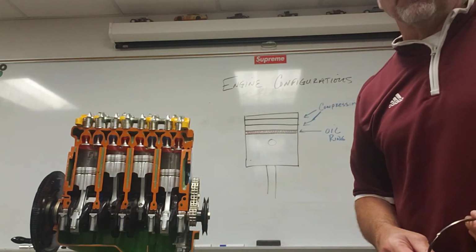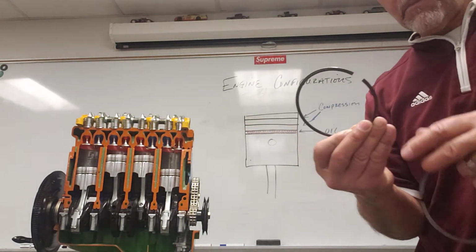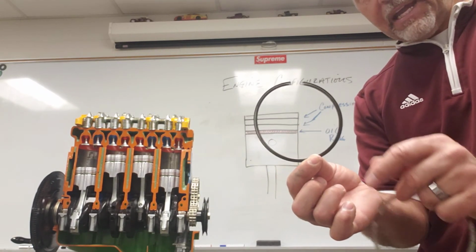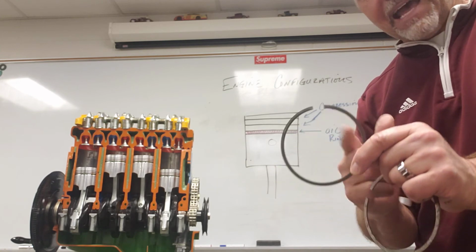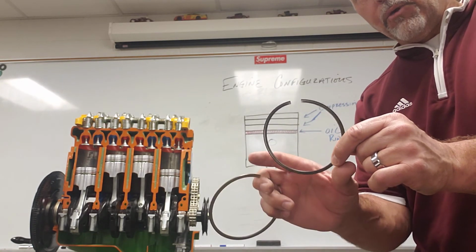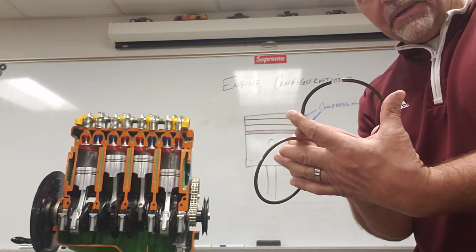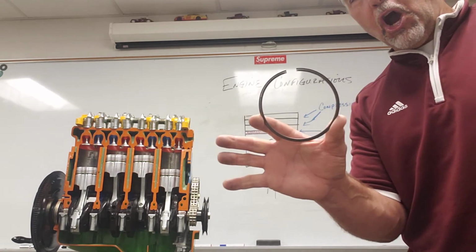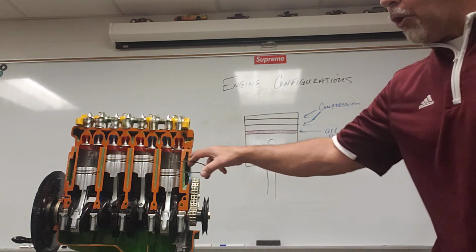Why are there 2 compression rings? Well, we talked about before, you remember that the compression rings have a split in them. And what's that split designed for? Well, it's twofold. One, the piston ring needs to be compressed because the piston ring is expanded larger than the cylinder opening.